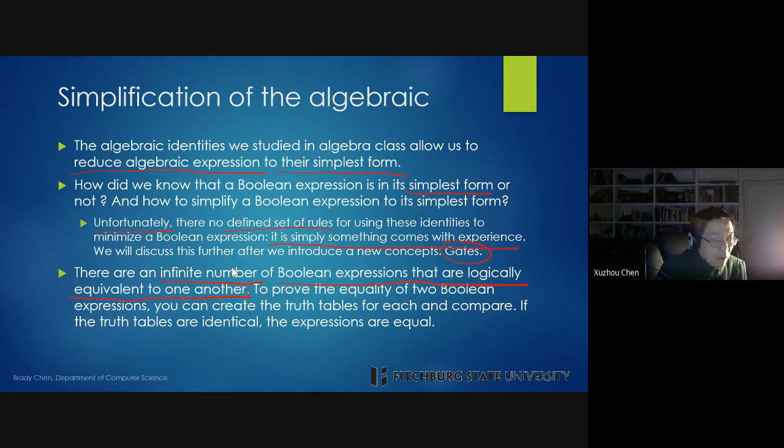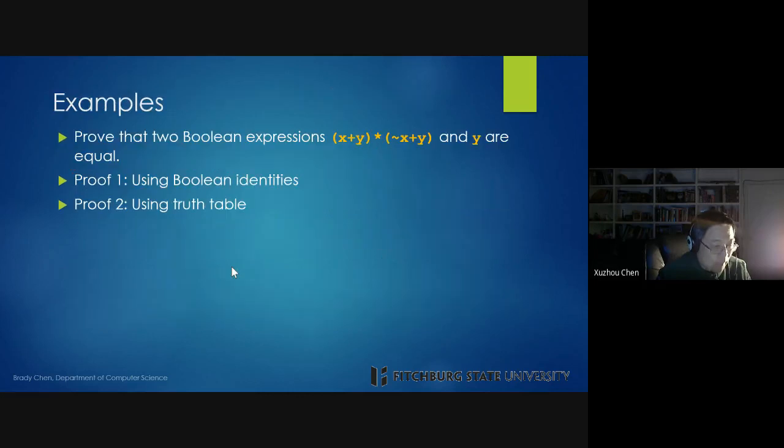So it's very simple. However, there are many of them, and finding which one is the simplest is easy to do, but not easy to prove, because there's no theoretical way to prove that this is the simplest form and this is not.